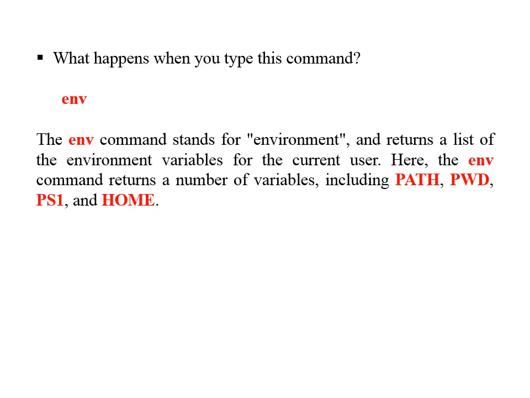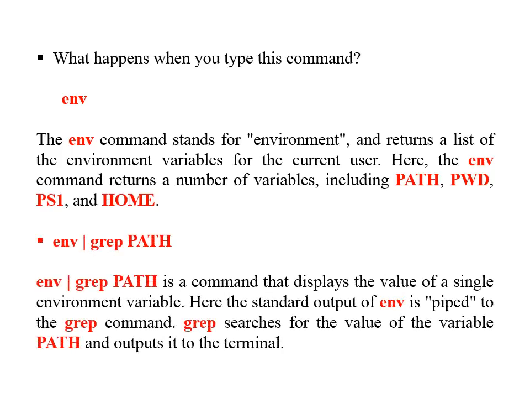The env command stands for environment, and returns a list of the environment variables for the current user. Here, the env command returns a number of variables, including PATH, PWD, PS1, and HOME. env | grep PATH is a command that displays the value of a single environment variable.